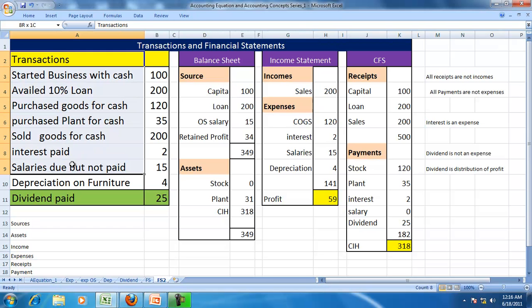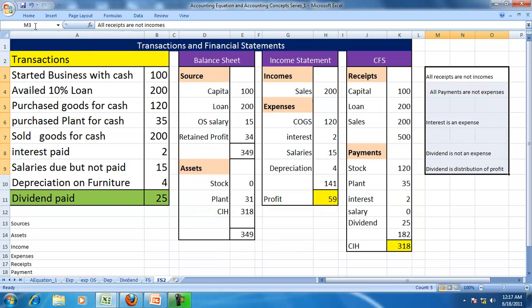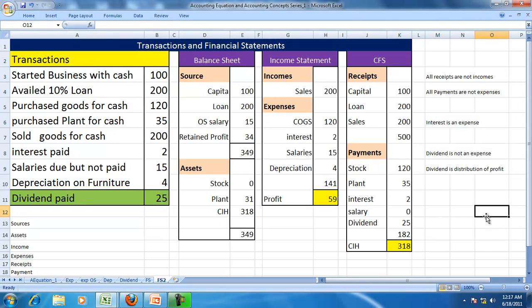So it is better to understand the transactions and their effect on the financial statements. Some general understandings have emerged, which will keep developing as we move along: all receipts are not income, all payments are not expenses, interest is an expense, dividend is not an expense, but dividend is a distribution of profit.